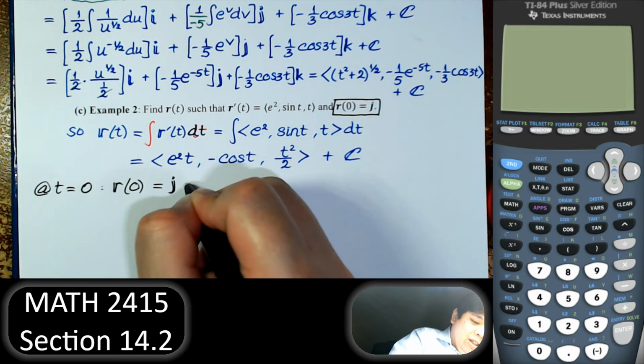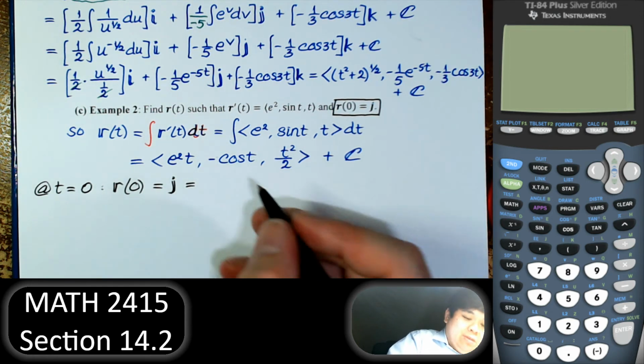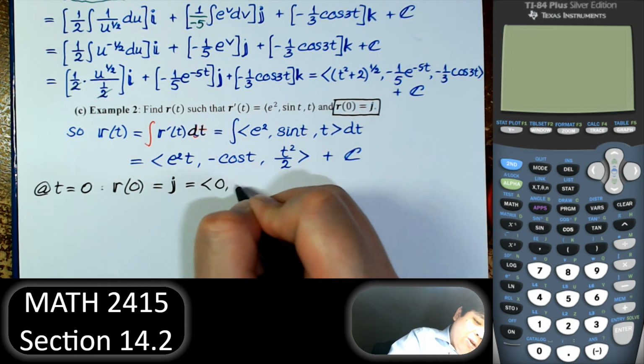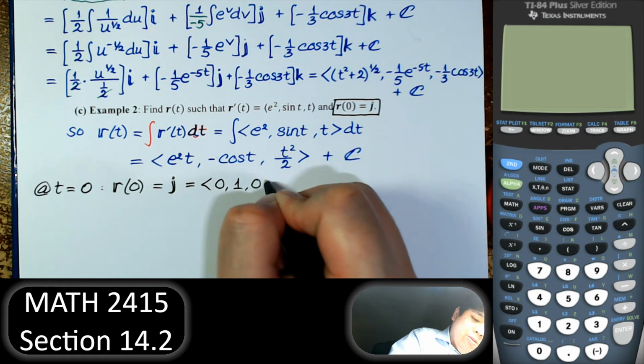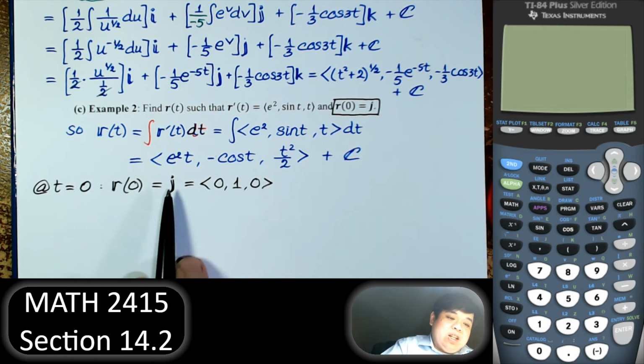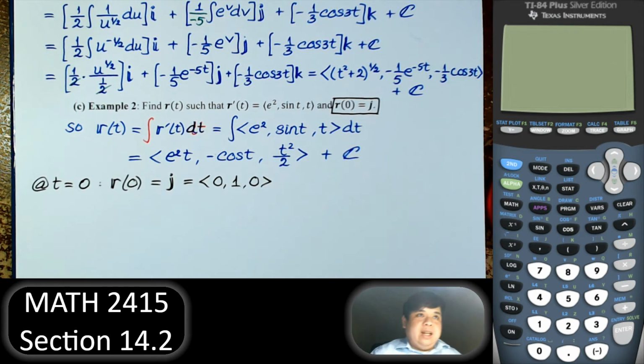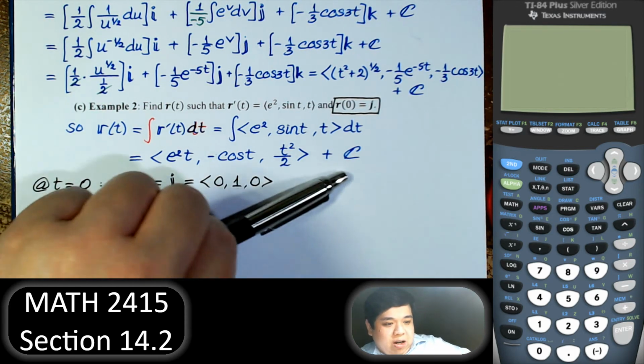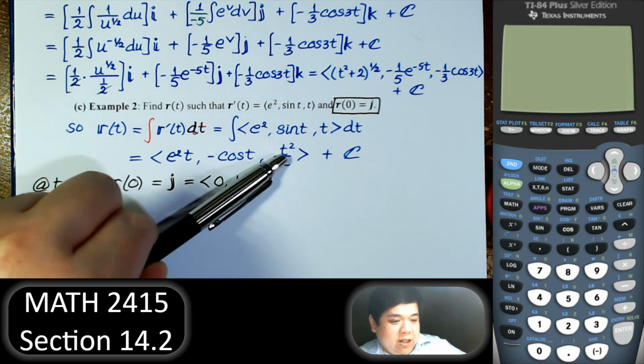What is j? It's 0, 1, 0, right? K is 0, 0, 1, and i is 1, 0, 0. So j is the second component, so we have 1 there. Now let's rewrite this and put 0 in for t.